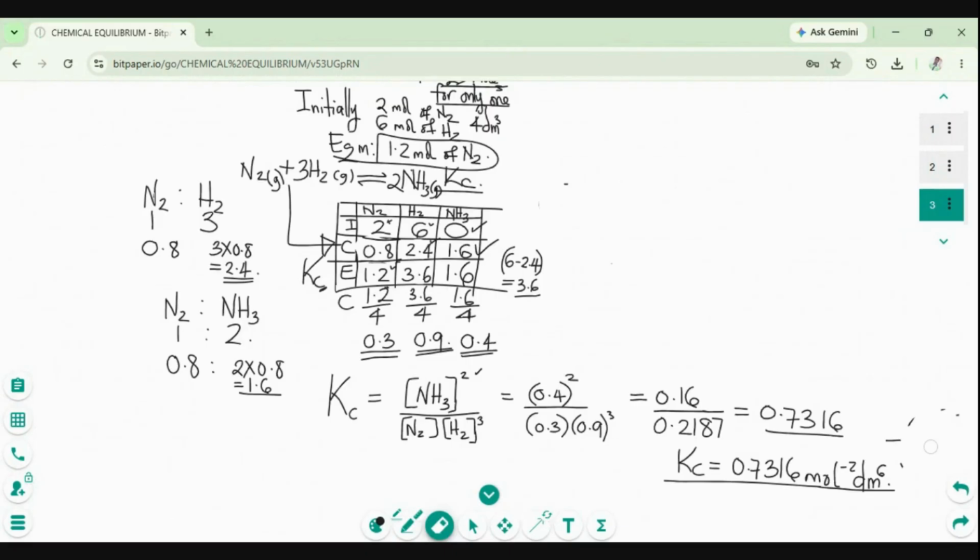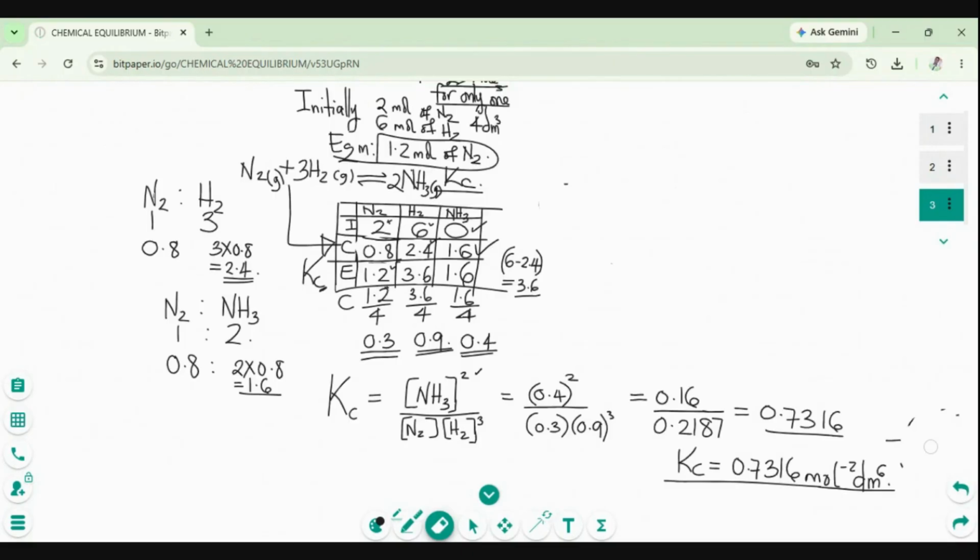The question was saying initially we have 2 moles of nitrogen and 6 moles of hydrogen being closed in a 4 decimeter cubed vessel. At equilibrium, it was found out that 1.2 moles of nitrogen had remained. Calculate the Kc. So what I did firstly is to write the correct stoichiometric equation.